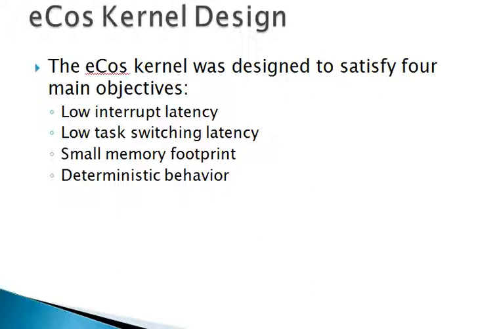Low task switching latency, the time it takes from when a thread becomes available to when actual execution begins. Small memory footprint. Memory resources for both program and data are kept to a minimum by allowing all components to configure memory as needed. Deterministic behavior. Throughout all aspects of execution, the kernel's performance must be predictable and bounded to meet real-time application requirements.